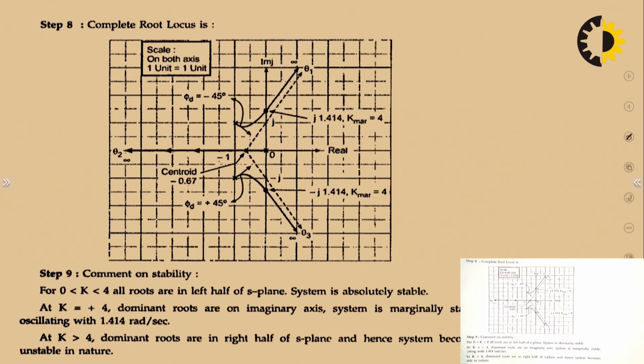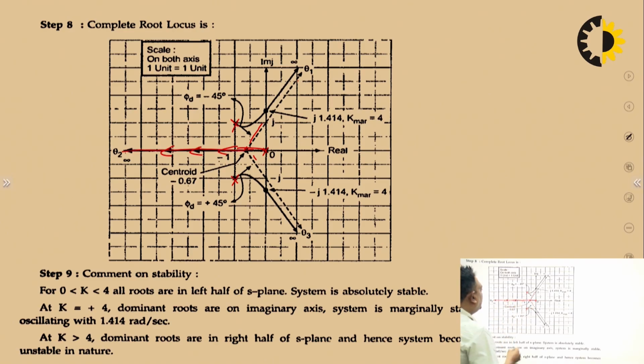Now we will draw the complete root locus. You can see this is your pole, another pole is here, another pole is here. 3 asymptotes are coming from this point. As there is one asymptote here, this branch will move in this direction.